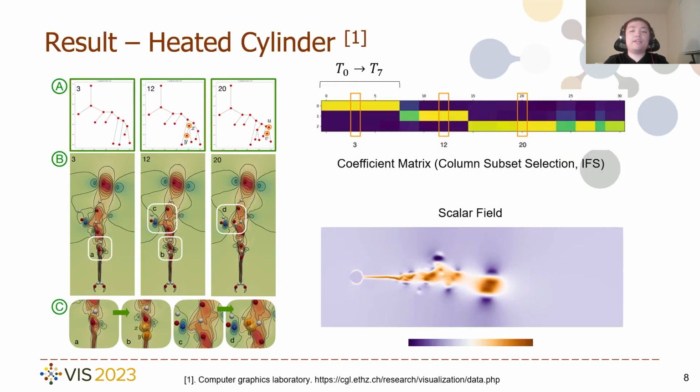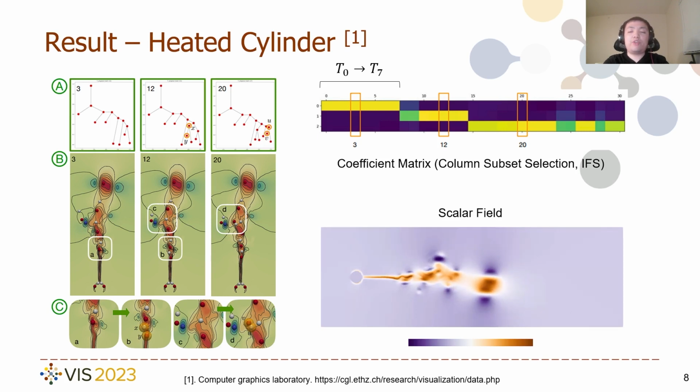The simulation dataset that we use for demonstration is the heated cylinder dataset. This dataset describes the velocity of a simulated flow generated by a heated cylinder. Here, the sketch framework selects merge trees at time steps 3, 12, and 20 as representatives. By comparing the merge trees and the scalar field at the corresponding time steps, we can see a branch, xy, emerging from time step 3 to 12.